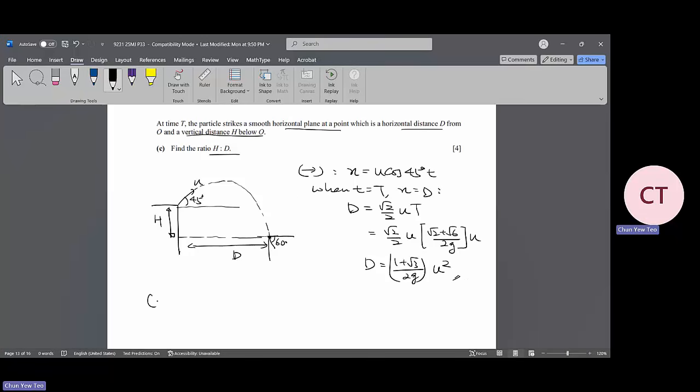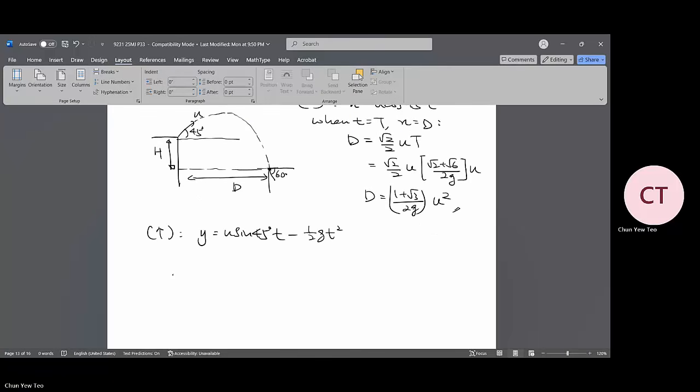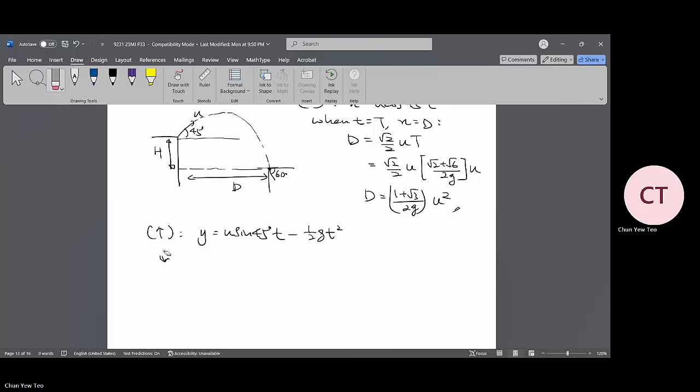Then for the vertical component, your y is equal to u sin 45° t minus a half g t squared. When the t is equal to uppercase T, your y is negative h.